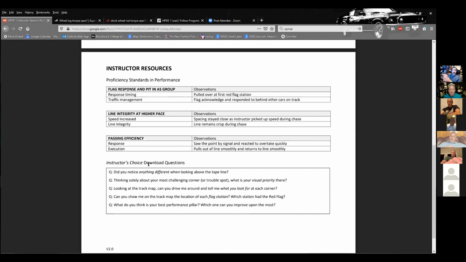Now, the second answer is for this particular drill. This is something that you're going to probably ask, because you won't directly observe this. During this drill, you are not on track for the first half of the drill. They're on track alone at a very slow pace. All of this is in the drill description, but I'll give you the short version. Their objective is to go at a slow pace because they want to nail the perfect line.